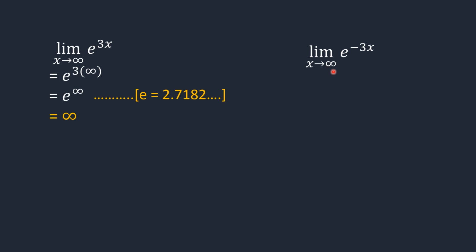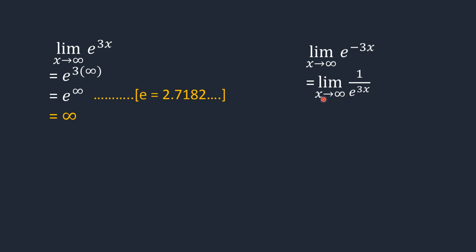Next, solve limit e to the power minus 3x as x approaches infinity. First, we will write the limit as limit 1 over e to the power 3x, because e to the power minus 3x is same as 1 over e to the power 3x.